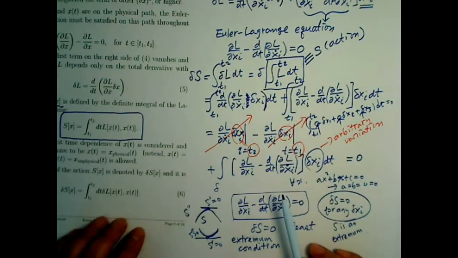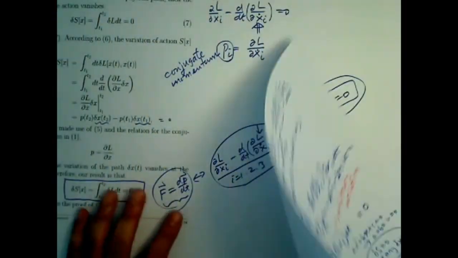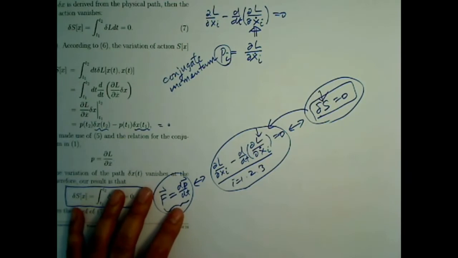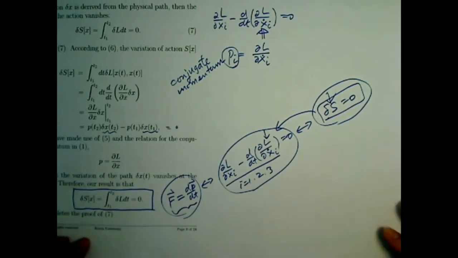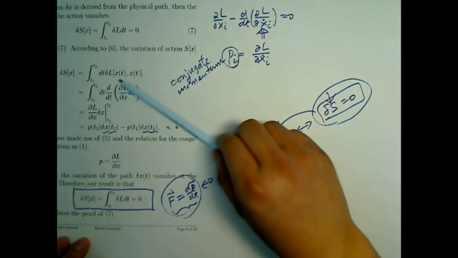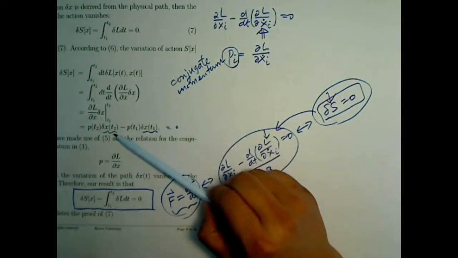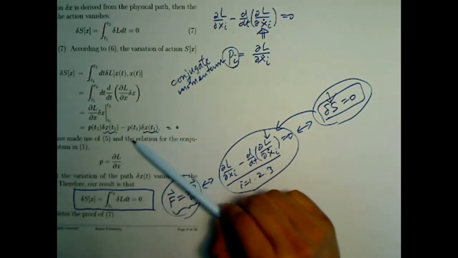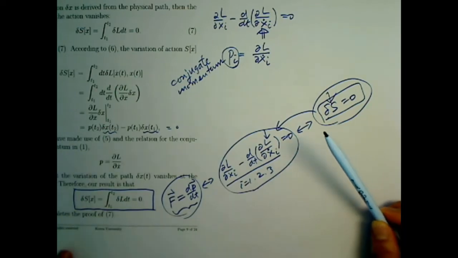In this analysis, we do not distinguish between maximum and minimum, but it is actually the minimum value. We say that the total derivative contribution has the variation at the endpoints vanish, and the coefficient is the conjugate momentum.